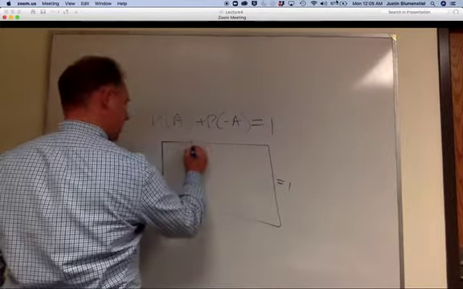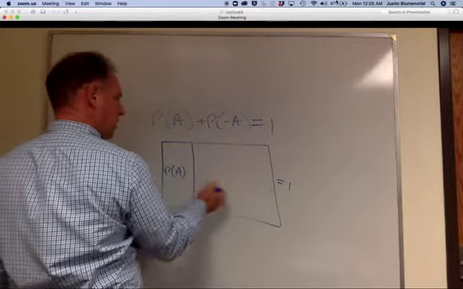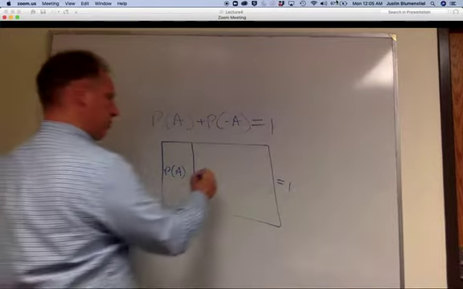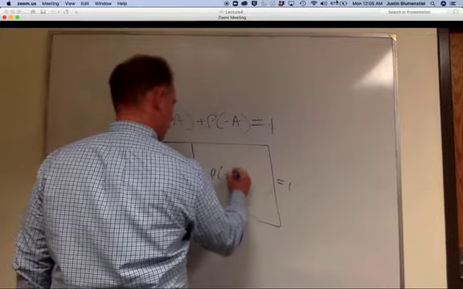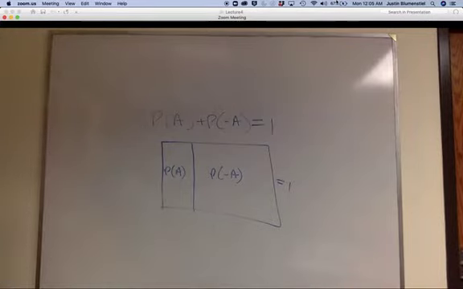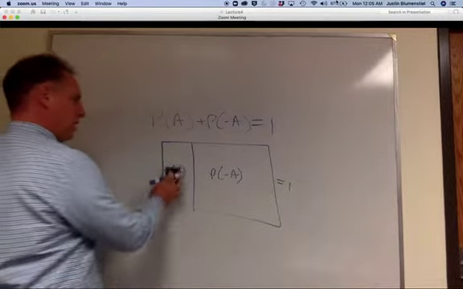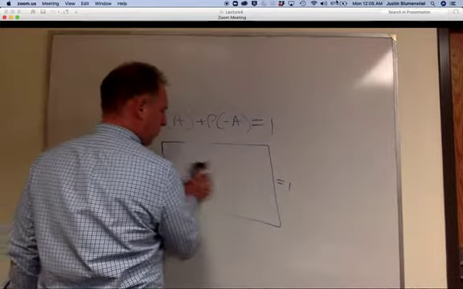Well, you can break that up into, for example, the probability of A, and what's over here? That's the probability of not A. You could break the probabilities on which is arbitrary, A and not A. We've been doing boy and girl, for example.